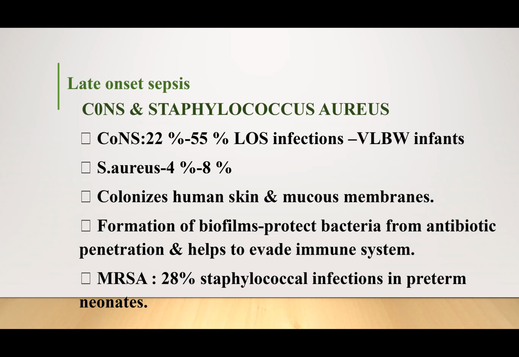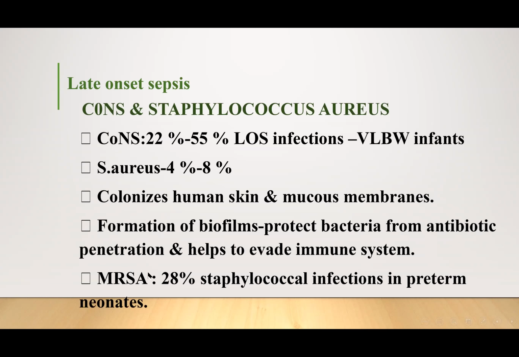Formation of a biofilm protects bacteria from antibiotics, and this is one of the strength points of coagulase-negative staph. It puts up a biofilm which protects it and helps it evade the immune system.